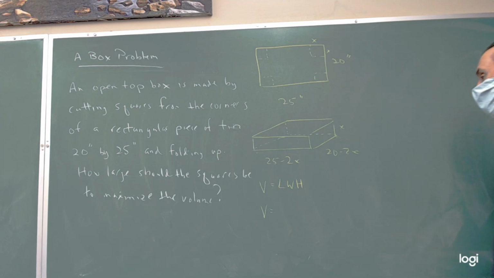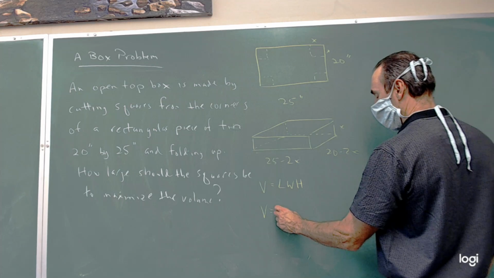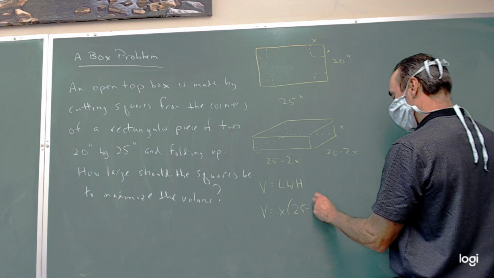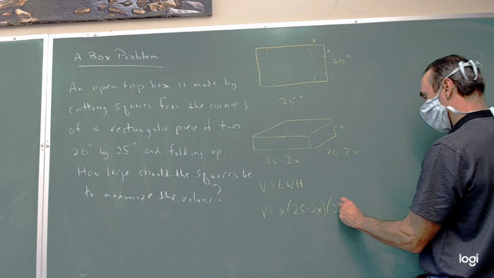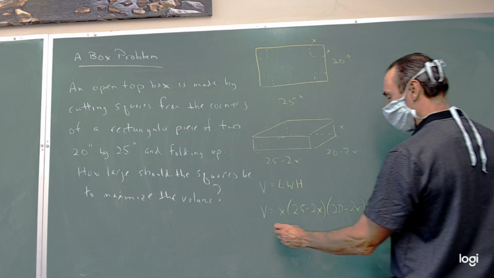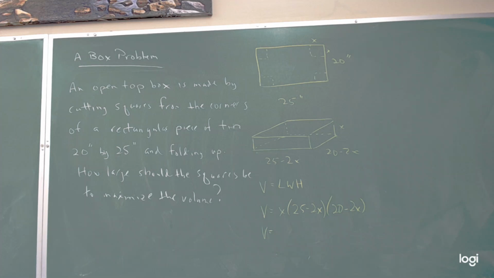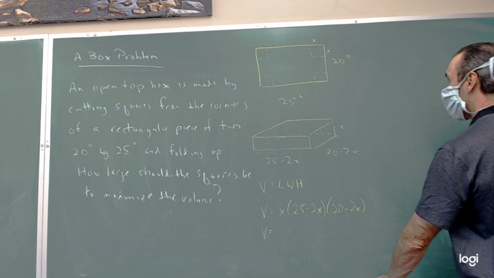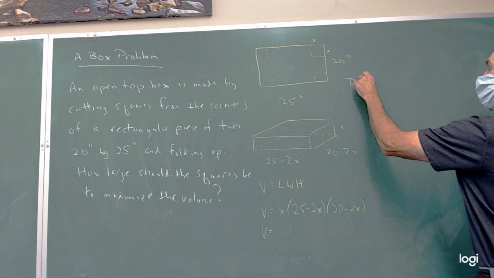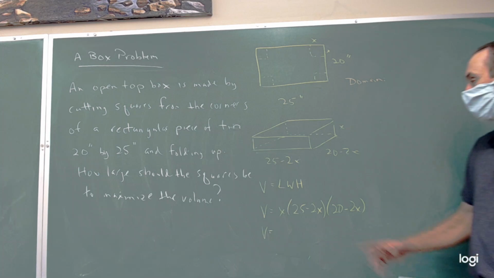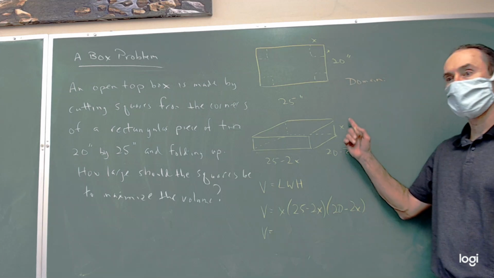Now here, it's worth trying to restrict your domain so you don't have to go chasing after critical points that aren't going to give us a positive volume anyway. So the domain consideration is, here are our dimensions, our length, width, and height.